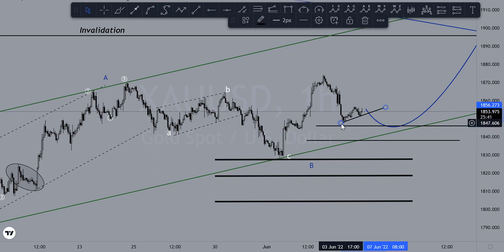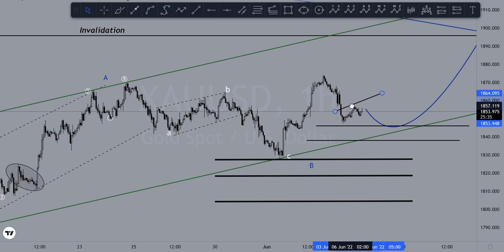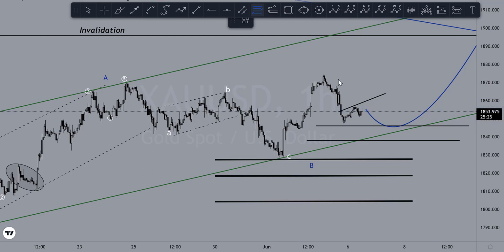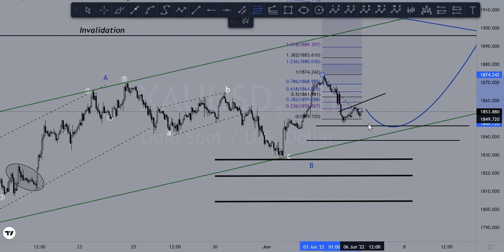So what I'm seeing is a possibility of this developing into a proper channel like that. If it's going to develop into that proper channel, coming into this order block, let's just have the measurement and see if that makes some sense.